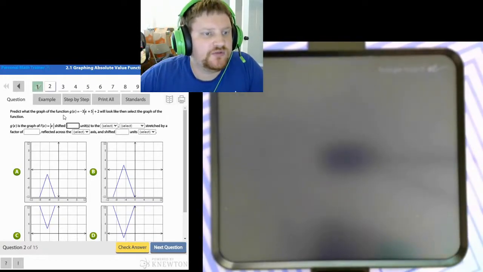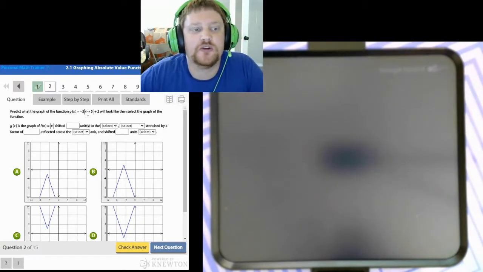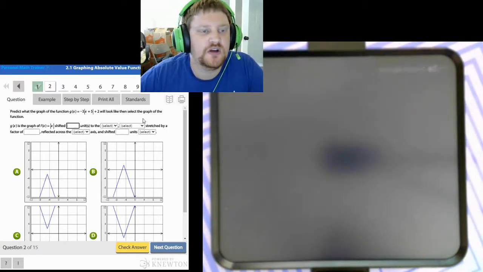Predict what the graph of this function will look like, and then select the graph of the function. Okay, well, just like before, we have plus 5 on the inside of our equation. Remember, horizontal shifts are always going to come first. So that is 5 units. This is plus, so that tells us that's going to be to the left.